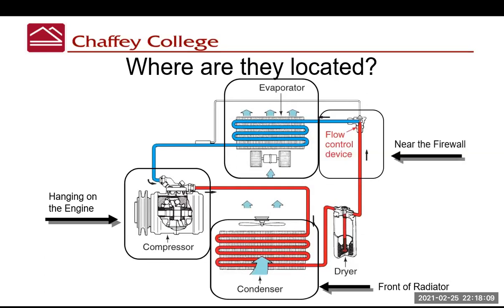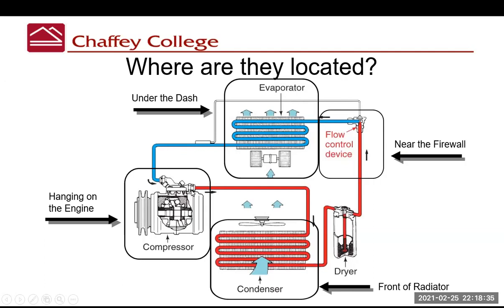The flow control device can be in a few different positions, but in this case, we're talking about what's called a thermostatic expansion valve, and that thermostatic expansion valve, abbreviated TXV, is near the firewall. And if you go through the firewall, under the dash, you will find the evaporator.